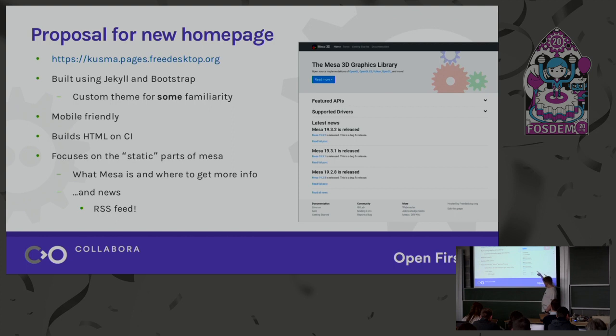If you go to mesa3d.org right now, you get all news since the beginning of time in one long page. This actually gives you just the latest ones. There's a link here to read all of the news, and that's a paginated page, so you get 10 news entries at a time, and you don't have to load stuff from the mid-90s. The gears turn if you hover over them. So yeah.